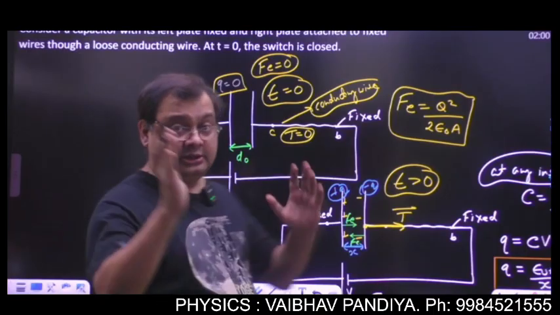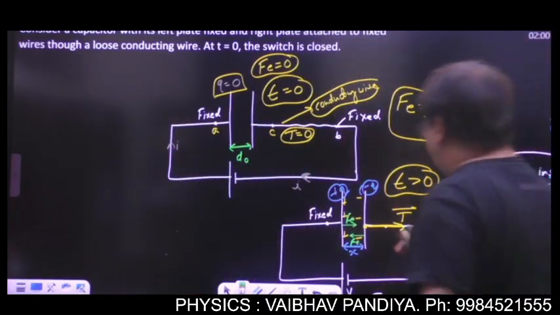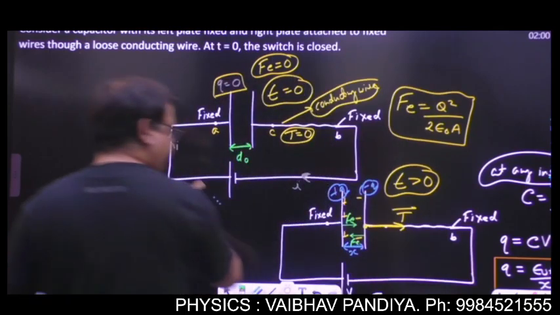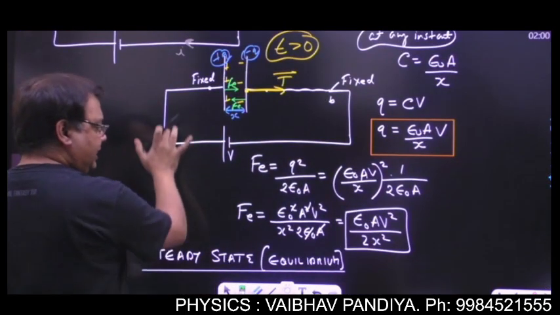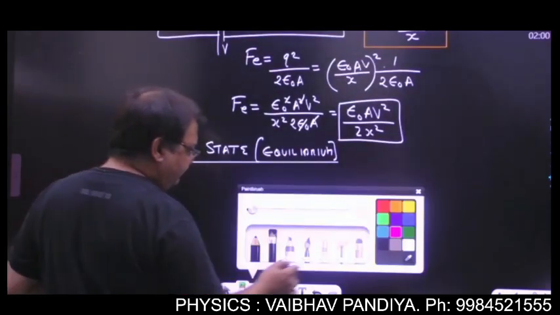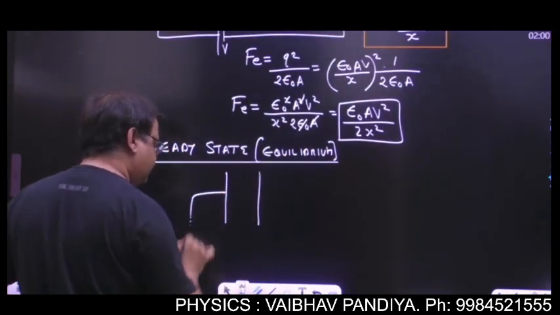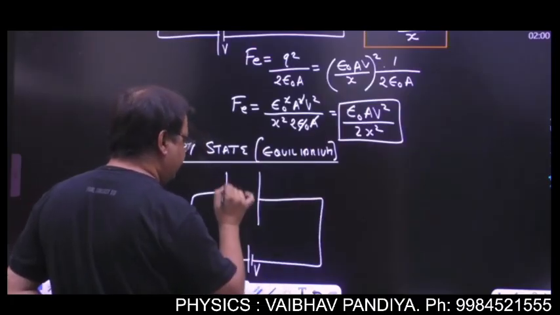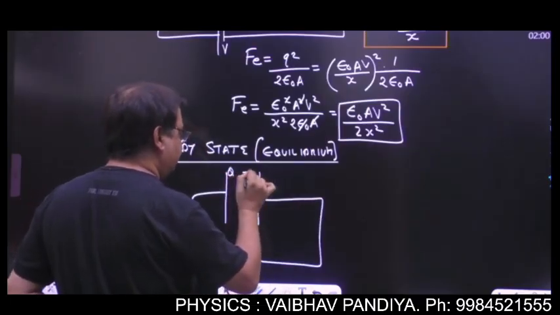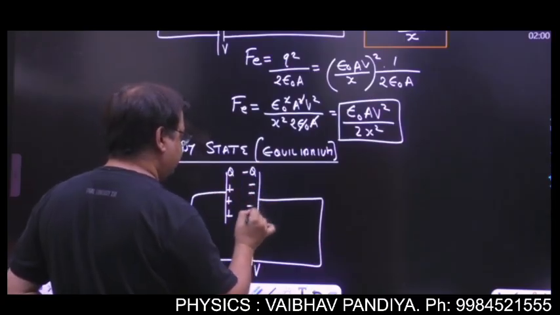This is the distance between the plates at t equal to 0. Now because of the attractive force, the plates would be coming closer to each other, correct? And when the capacitor gets fully charged, say this is V and this is Q and this is minus Q, this is the equilibrium state.